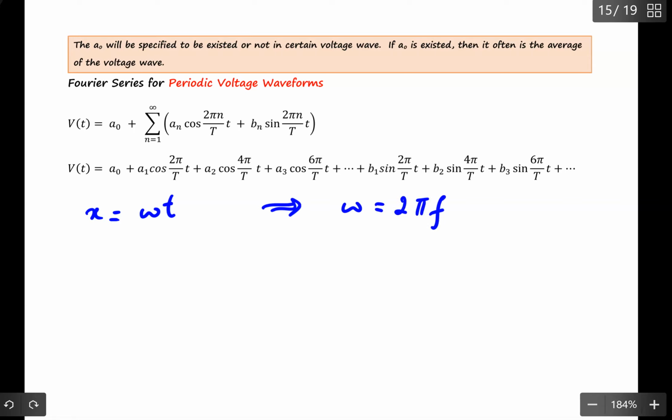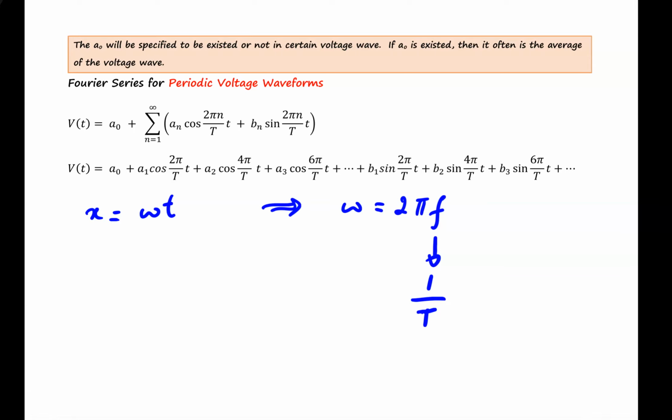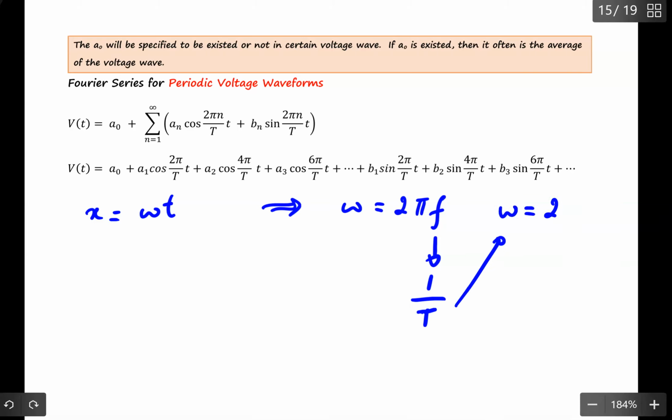From this I want to solve for frequency. Frequency is equal to 1 over the period. So instead of writing f, I will write omega as 2 pi divided by the period.